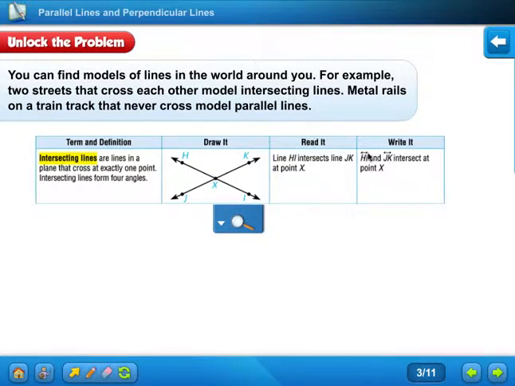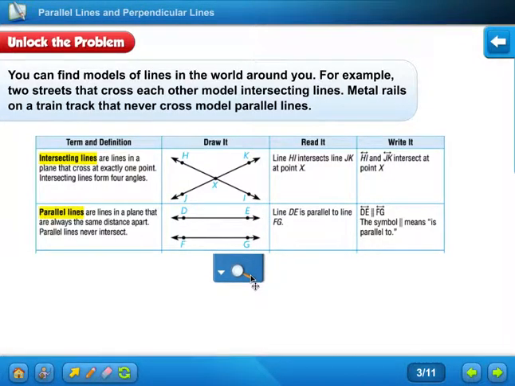Very important for you to put your symbols over top. It's a line. And JK with the line symbol over top. So you'd say line HI and line JK intersect at point X. Perfect. So these intersect, they come together, they cross.